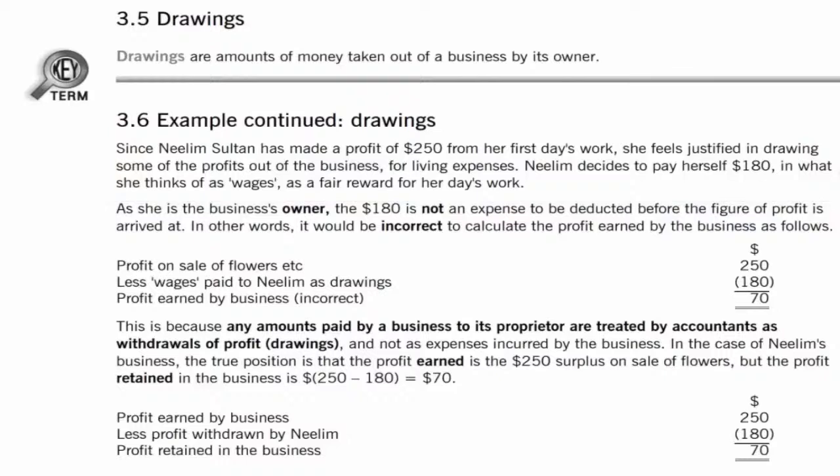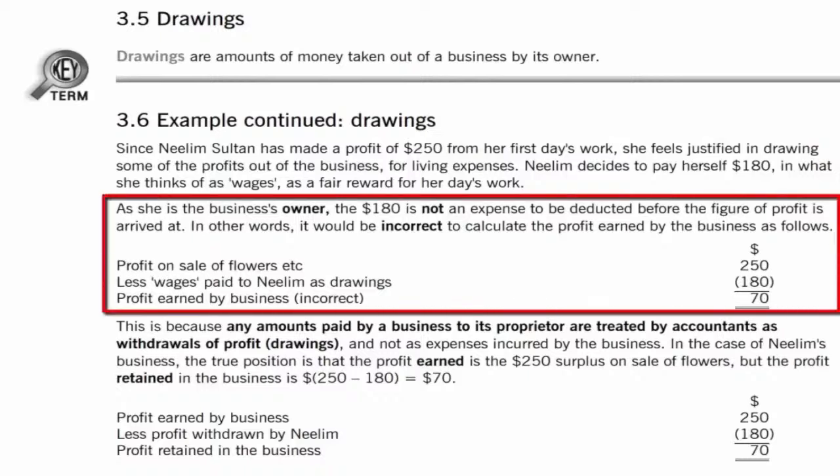Step 2. Avoiding the incorrect way to calculate profit. Let's look at an incorrect way to calculate the business's profit to understand why drawings aren't treated as an expense. If we incorrectly treated the $180 that Neelam took out as an expense, it would look something like this. Profit from sales, $250. Minus wages or drawings for Neelam, $180.